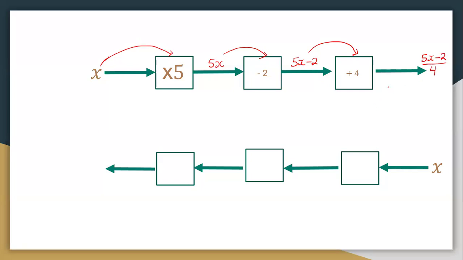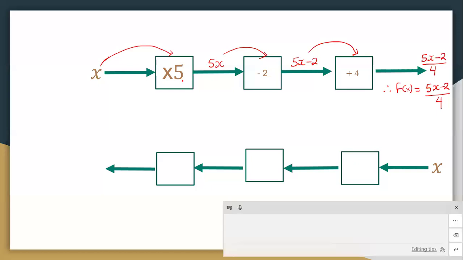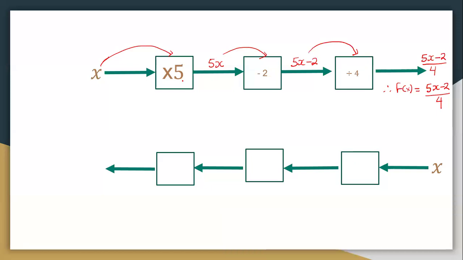So what does it mean? It means that our function f of x that was put into the machine is equal to 5x minus 2 out of 4. Now we are going to obtain the inverse of the function. How do we obtain the inverse of that function?